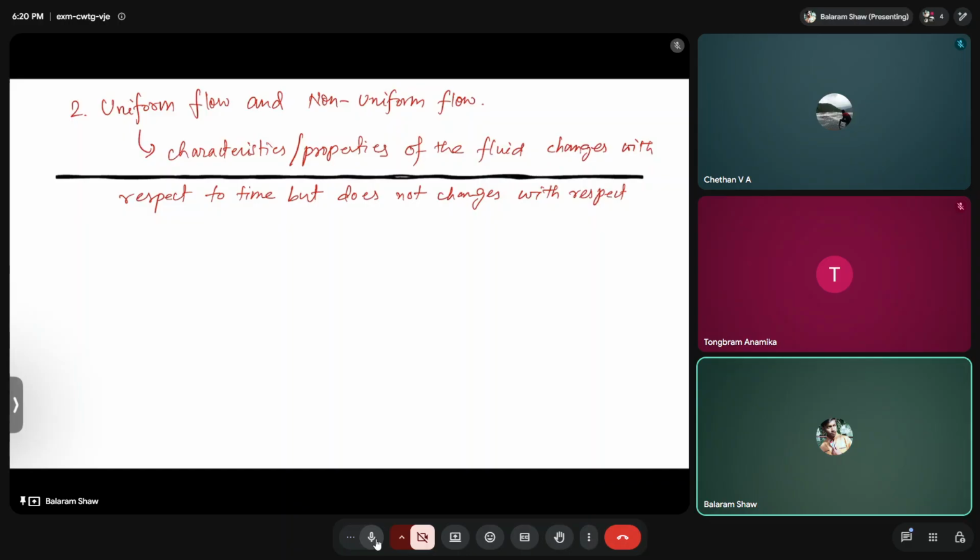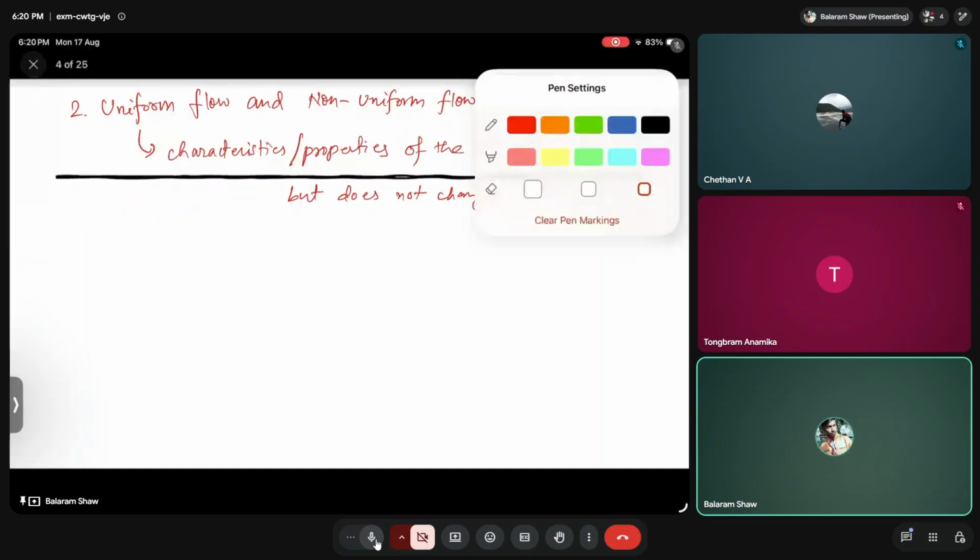If we say changes with respect to time, then we are considering that this flow is an unsteady flow. So here we will only talk about what is uniform flow. If there is any flow in which the fluid properties, for example velocity, temperature, etc., do not change with respect to position, then we call that uniform flow.